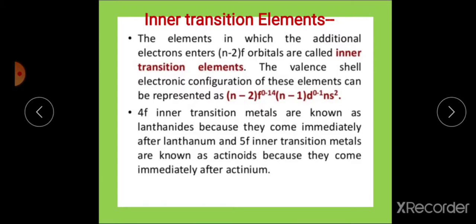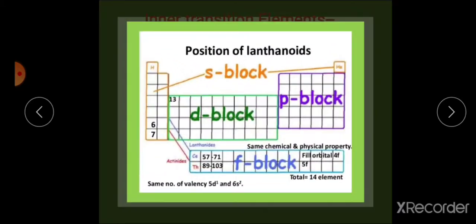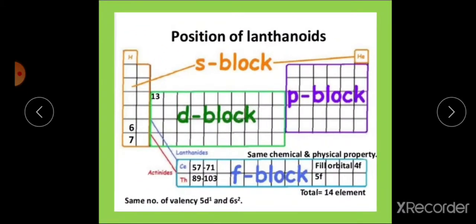The f orbital lies much inside the d orbital in relation to the transition metals, and the f-block elements are called inner transition elements. These elements have 1 to 14 electrons in their f orbitals.